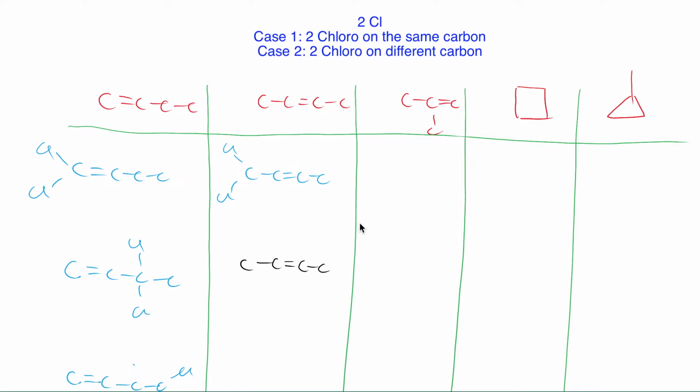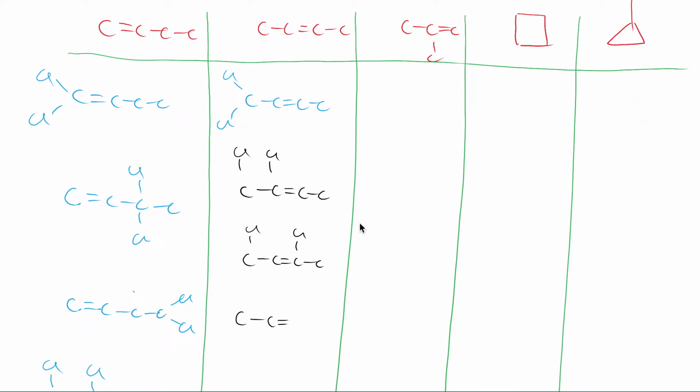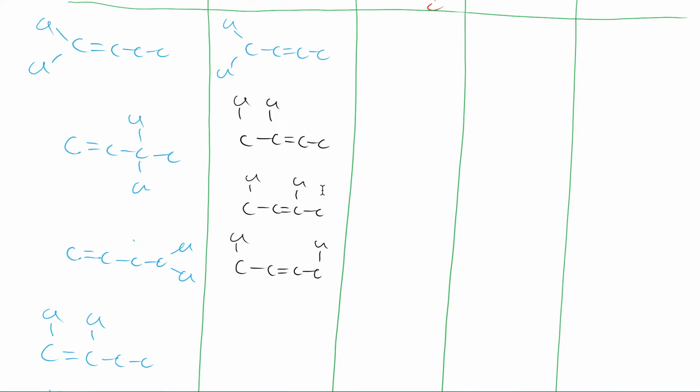You can have 1, 2, and then you can have 1, 3, and you can have 1, 4. So 1, 2, 1, 3, 1, 4 are all different, and then just 2, 3.